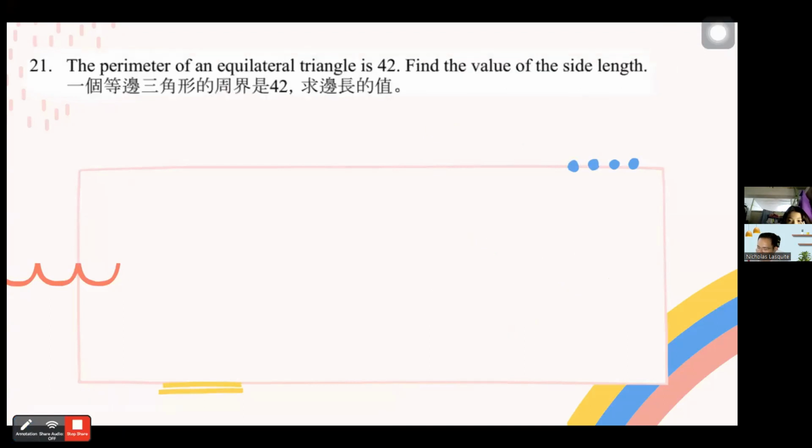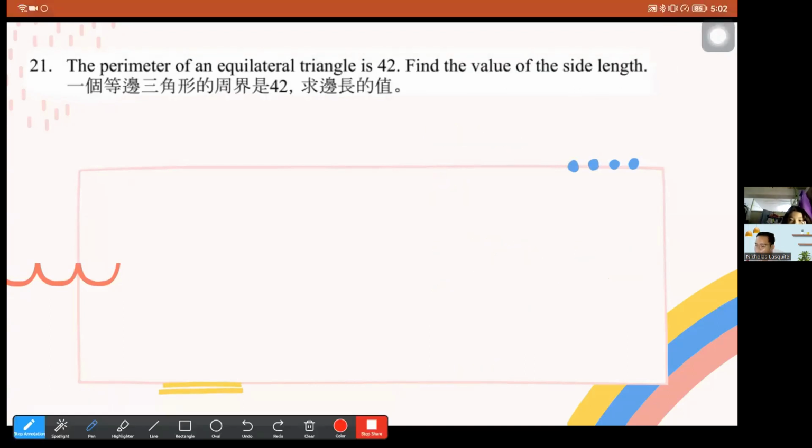Okay. Let's have number 21. The perimeter of an equilateral triangle is 42. What does an equilateral triangle mean? It means all sides are equal. Correct. So if this is S, then this is also S, and this is also S. Meaning all sides are equal.